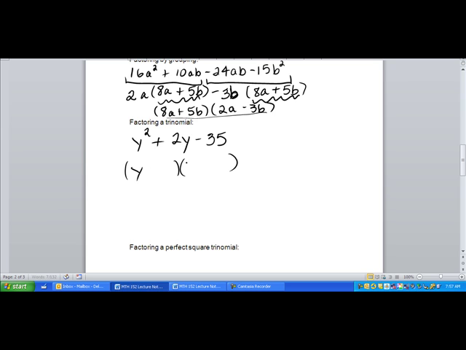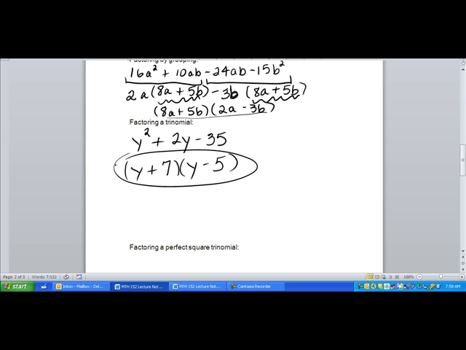And what we want is two numbers that multiply to give us negative 35 and add to give us 2. So as I think about the factors of negative 35, a positive 7 and a negative 5. Notice we want the 7 to be positive because positive 7 plus negative 5 would give us a negative 2. So there's our factored form.